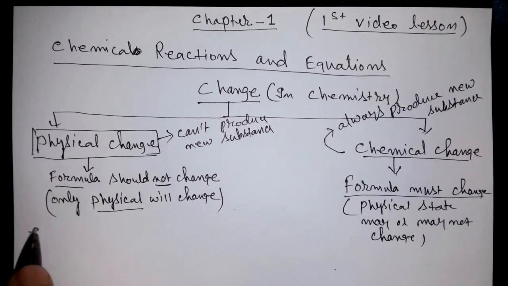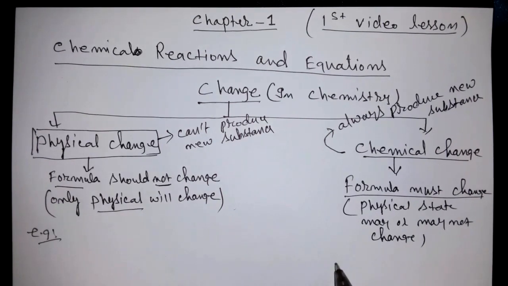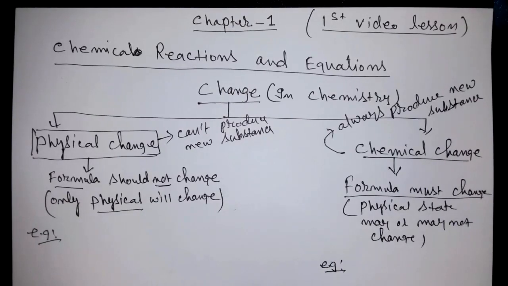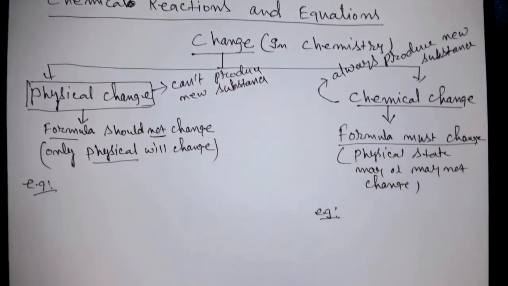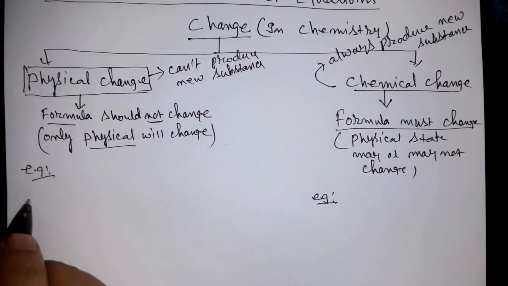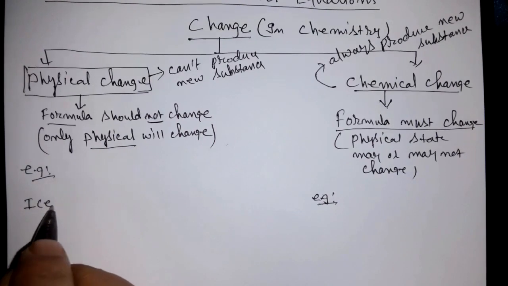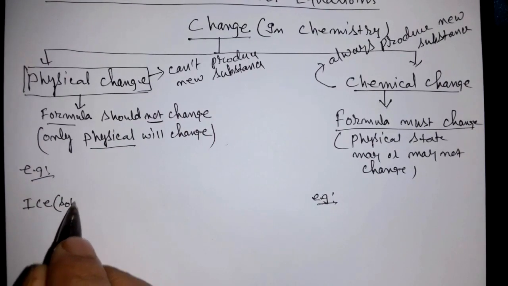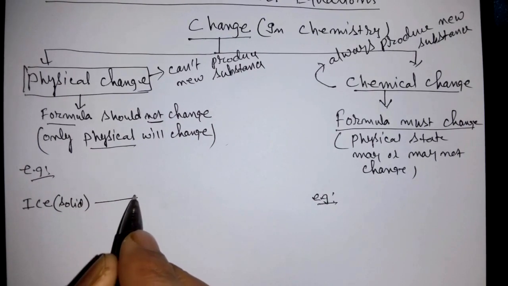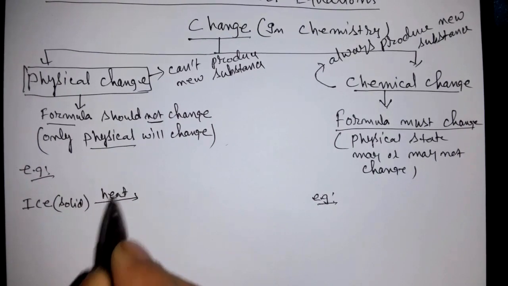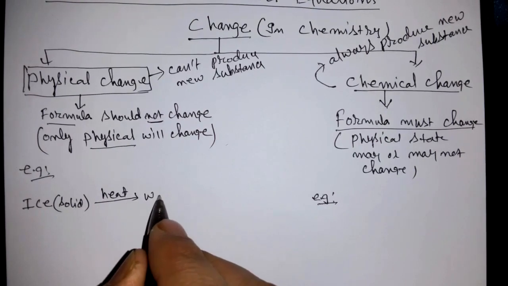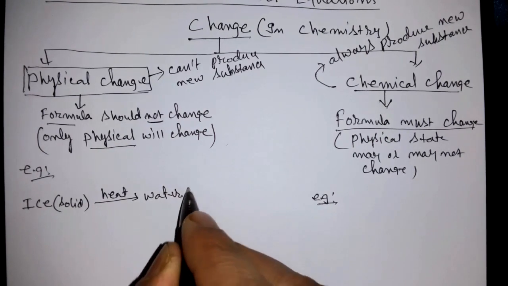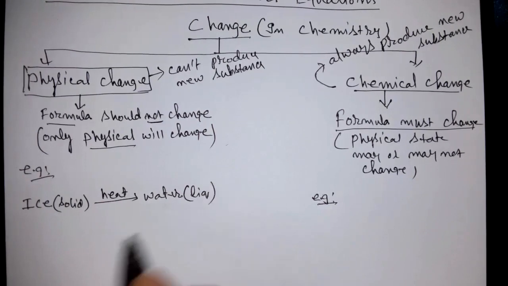Okay, let us take some example. So example of physical change and example of chemical change. For example, ice, which is solid, if you heat it, then it turns into water, which is liquid.